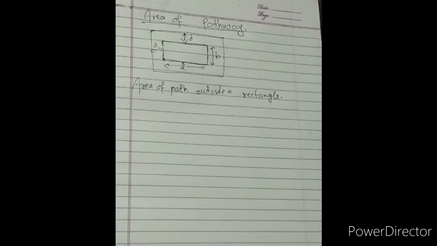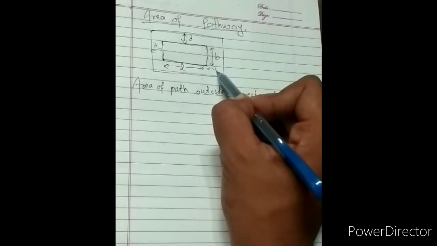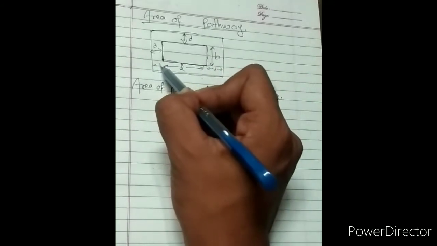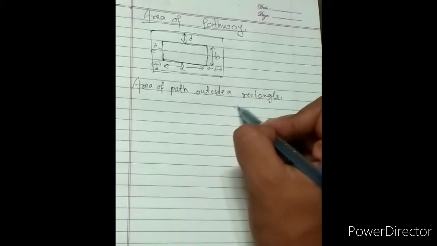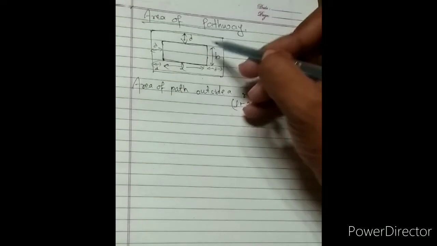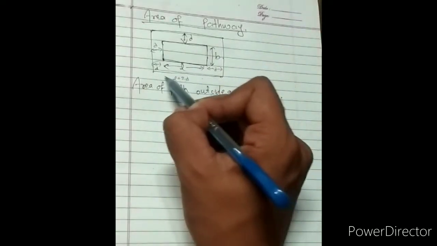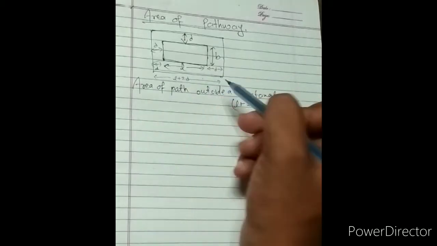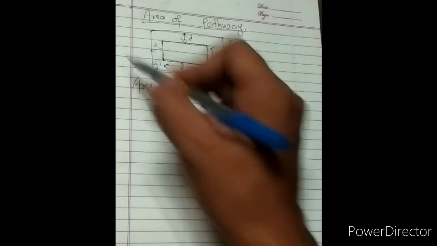What is the area? If this is L, then this is d, from here to here it is d, and from here to here also it is d. So what is the total distance from here to here? L plus 2d. Similarly, what is the breadth of this total rectangle?